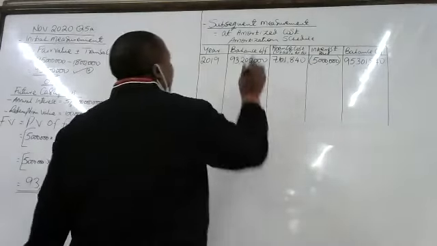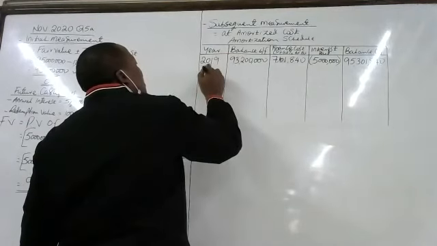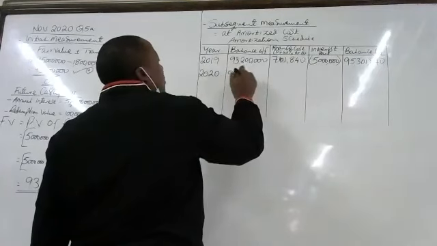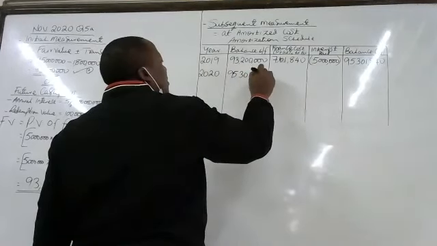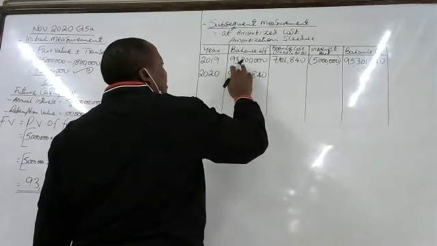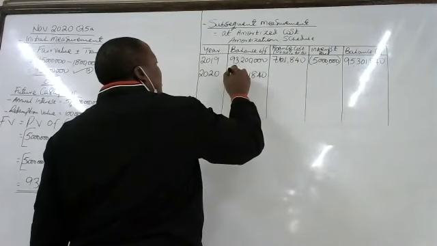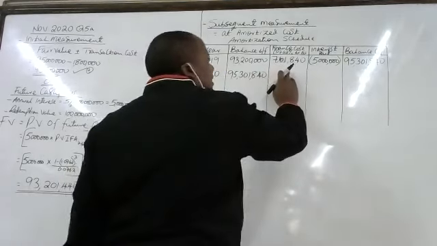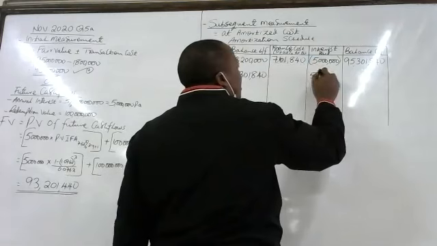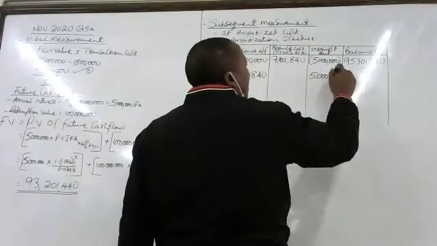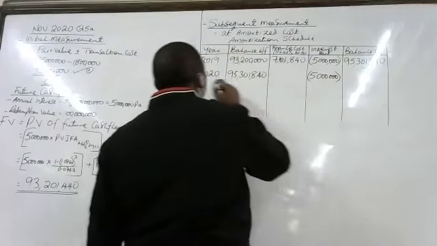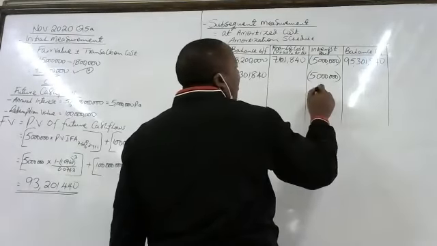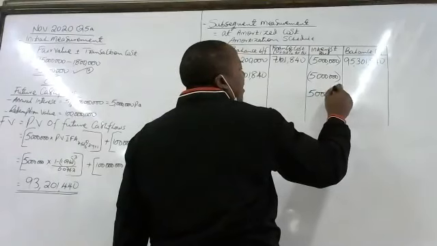We will see that. Then 2020, you have 95,301,840 as the opening balance, plus interest minus repayment. Repayment is still 5 million annually. And by the way, that is the answer.